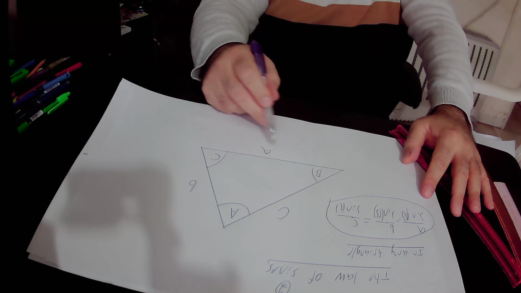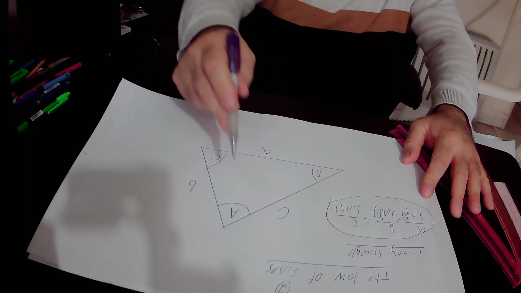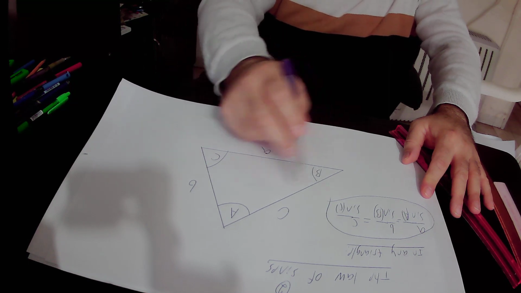A, that is the length of this side, over sine A equals B over sine B equals C over sine C.